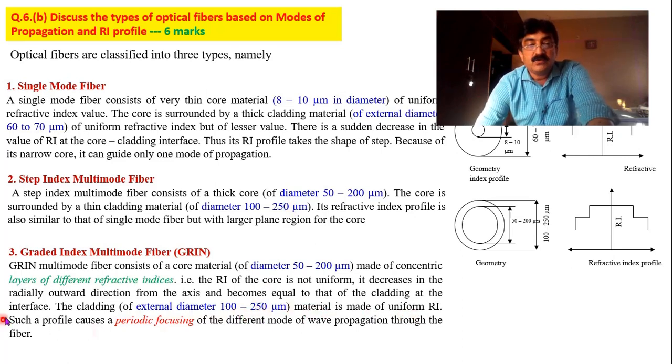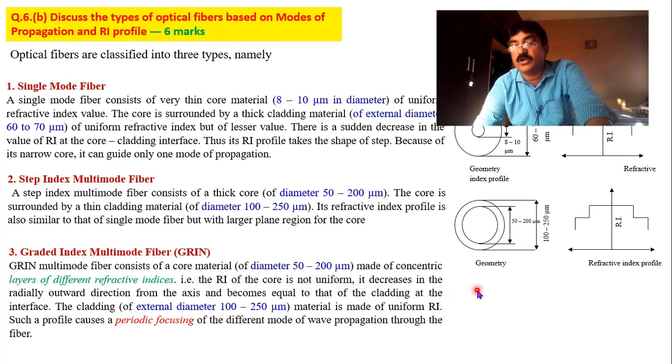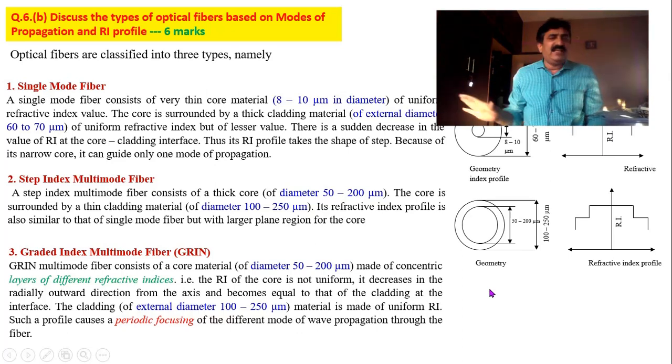But the difference is, the refractive index of the core is not uniform. I am not bothered about clad. Clad is uniform, whereas core is not uniform. I am not just reading the answer, I am explaining the concept. So you try to understand, you can make your own sentence.